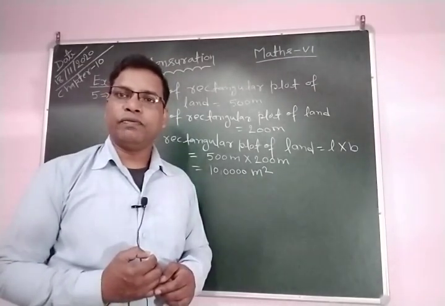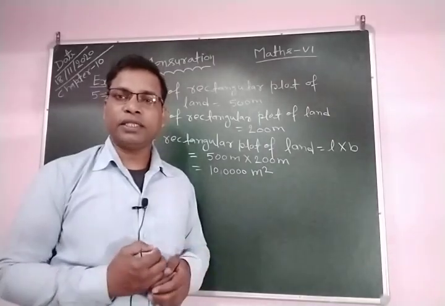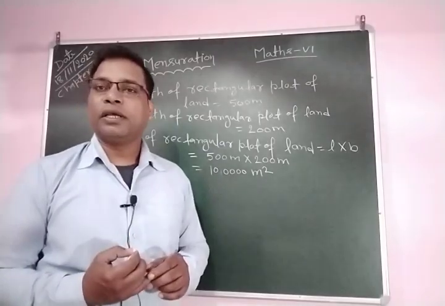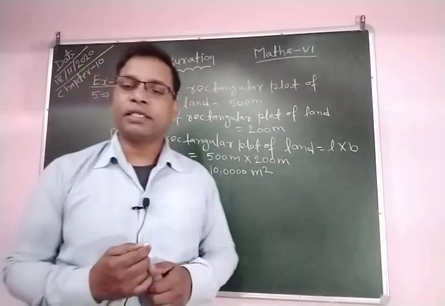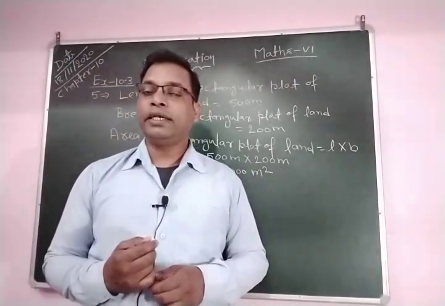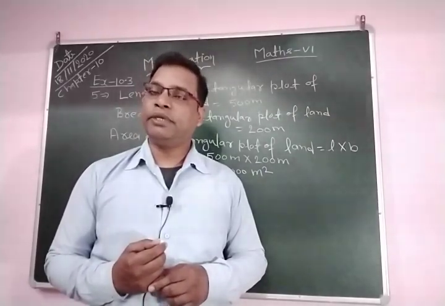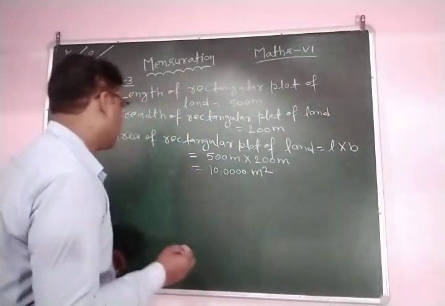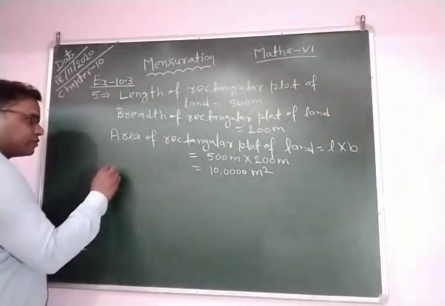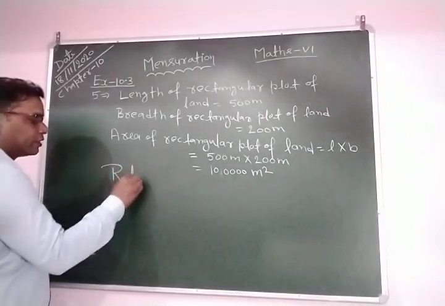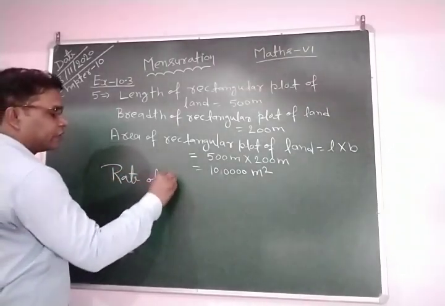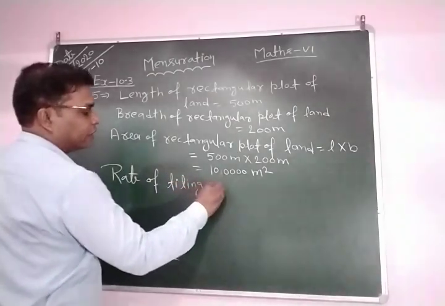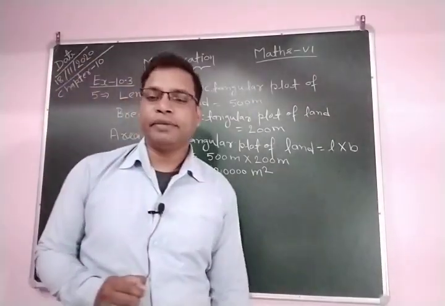Now you need to find the cost of tiling. What is the rate of tiling given here? The rate of tiling is given as rupees 8 per 100 square meters.